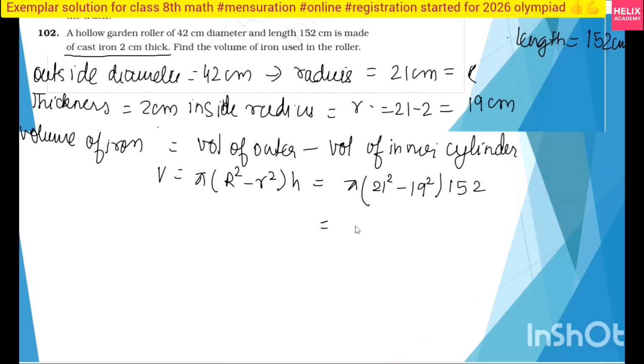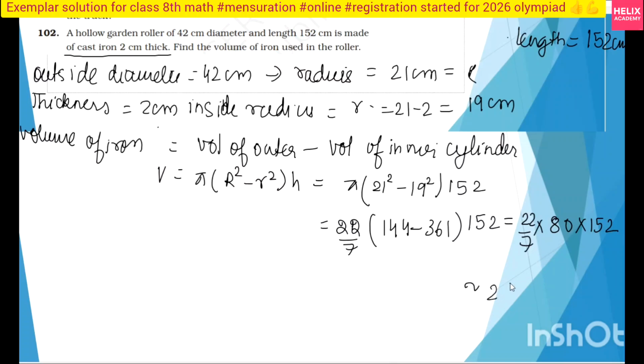So it becomes pi, that is 22 upon 7, into 441 minus 361, into 152. So it becomes 22 by 7 into 80 into 152. Approximately I will get 38,217.1 centimeter cube. This will be my answer.